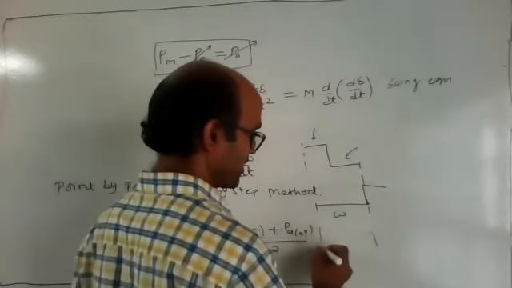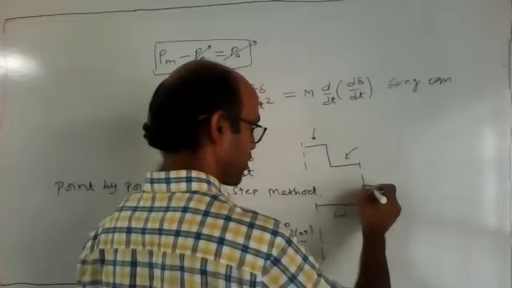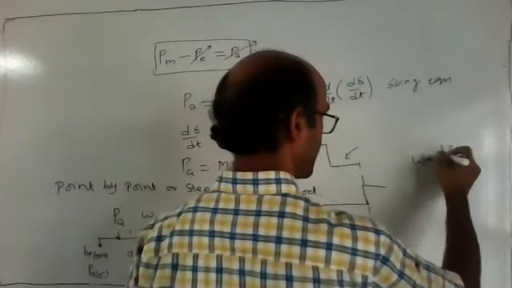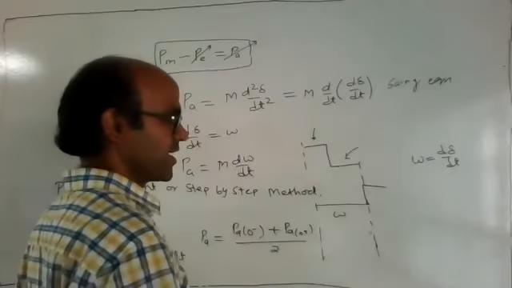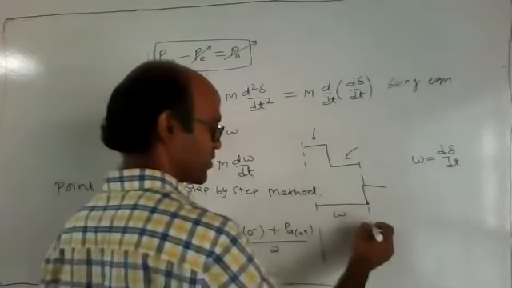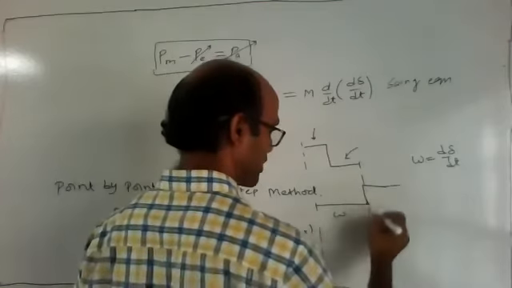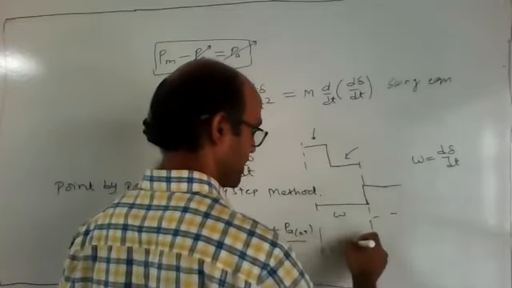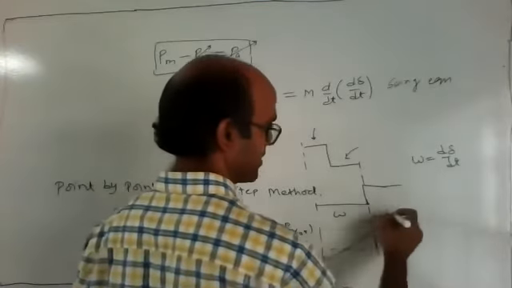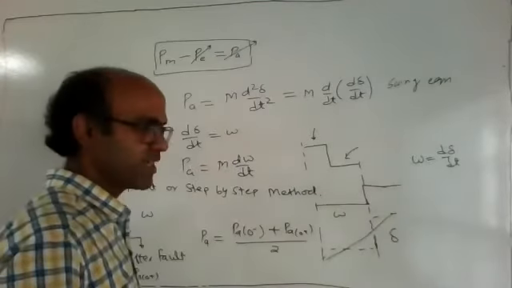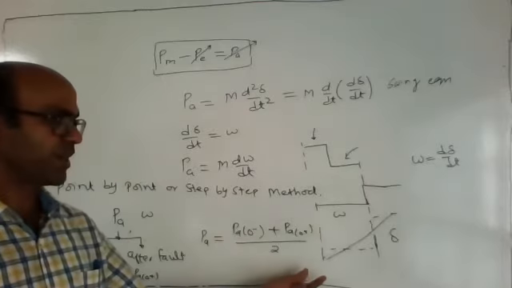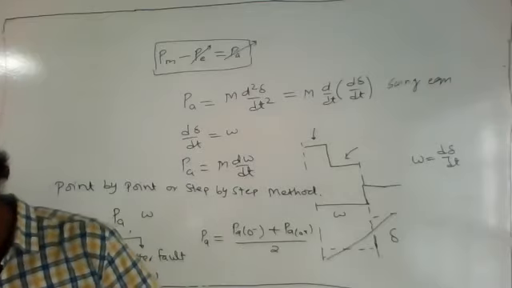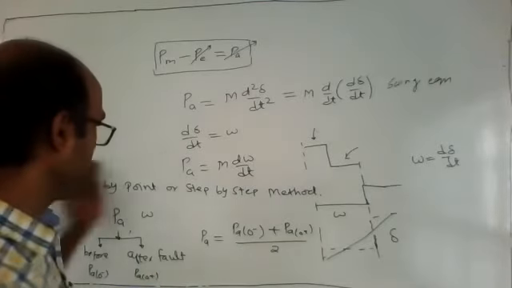Because this is constant and then it is increasing, and you know omega is d delta by dt, here it will increase, so our delta will increase like that, in between medium. This we have seen in the point by point method. In that way we can draw the graph, and you have to remember three equations.